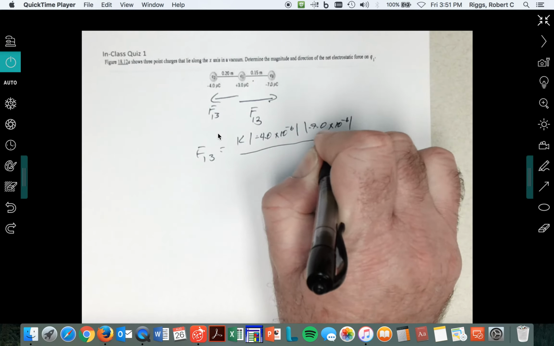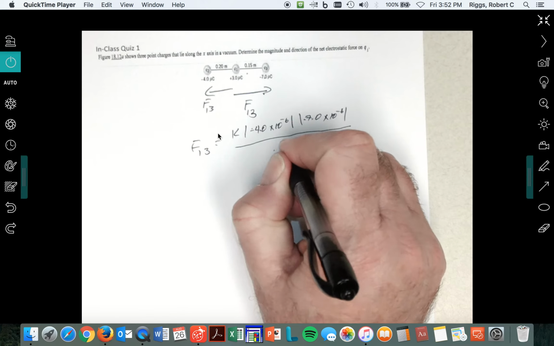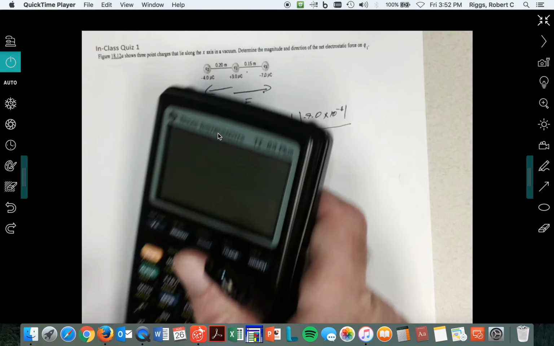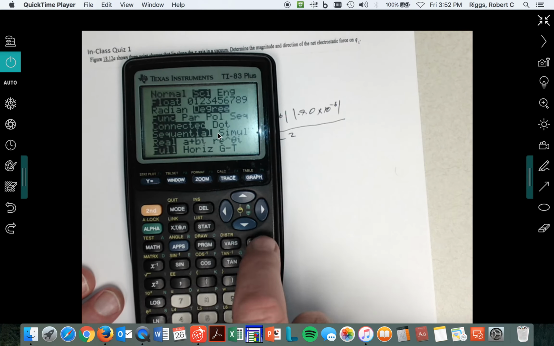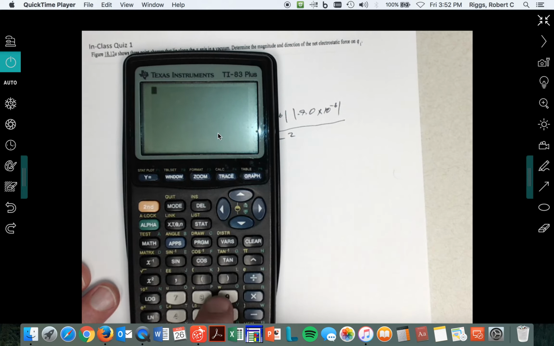All right, divided by 0.15 squared, and I think that came out to be like 11.4, I think. Hell, let's type it in here real quick. So we got 9 E 9, and then remember we're just doing the magnitudes of the charges.